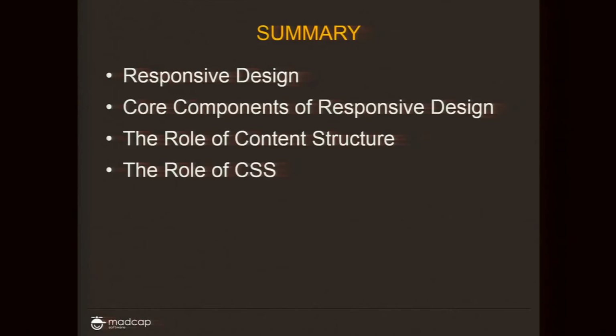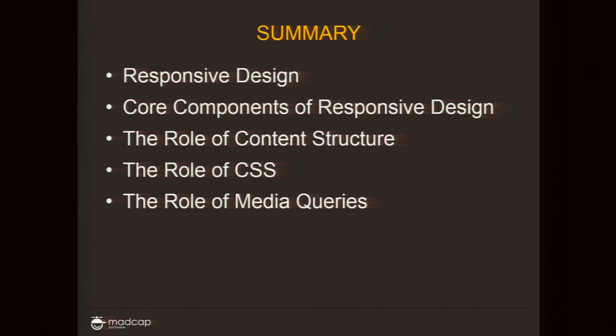CSS is critical for styling our documents, but then the new part of CSS are those media queries. And that's the secret sauce. I can actually, based on the physical device, alter the flow and presentation of any aspect of the page.